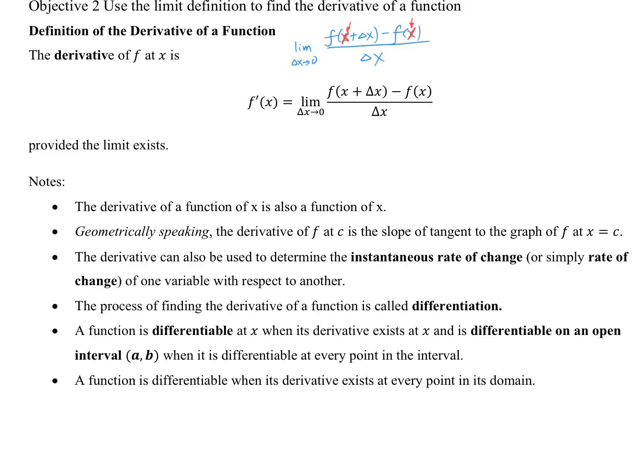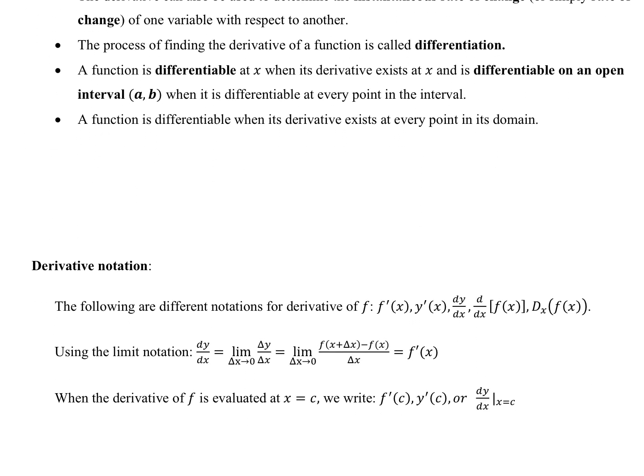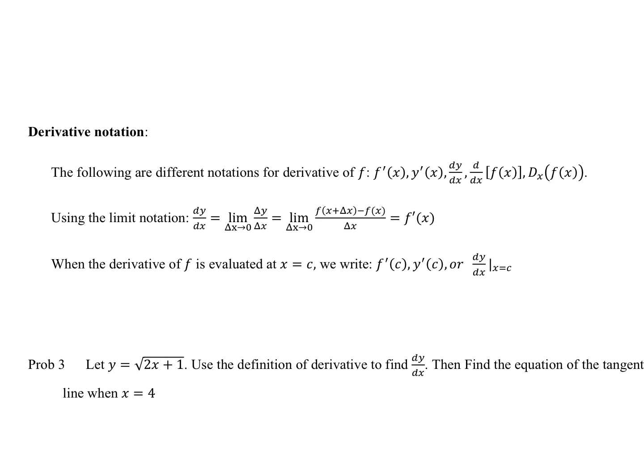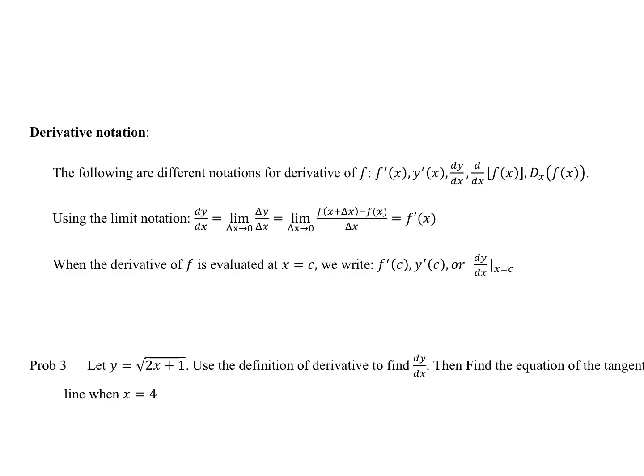Now let's introduce the notation for derivative. So we have several different notations. They're all quite popular. And the first one is this f prime. We read this as f prime because f of x is the same as y, so we sometimes write y prime.